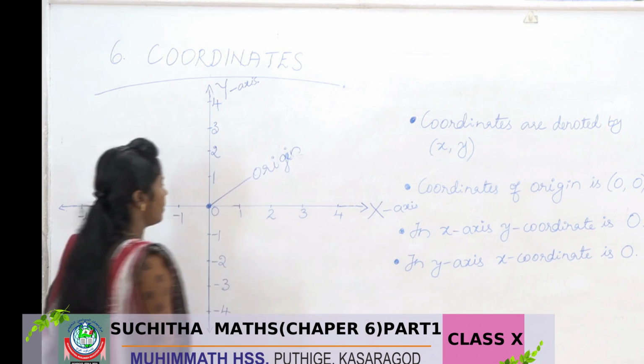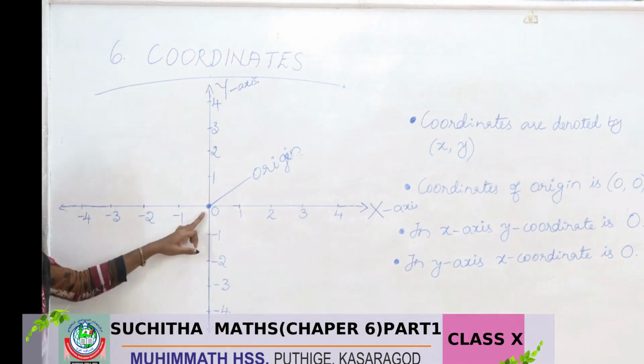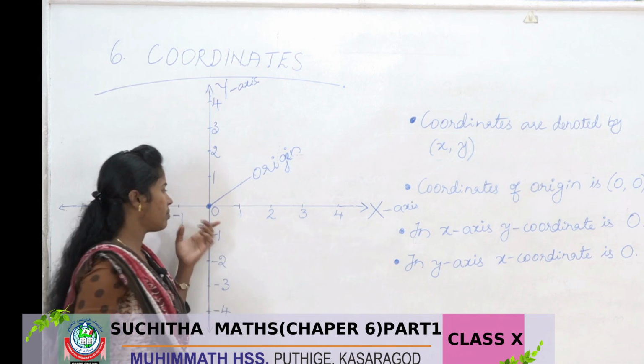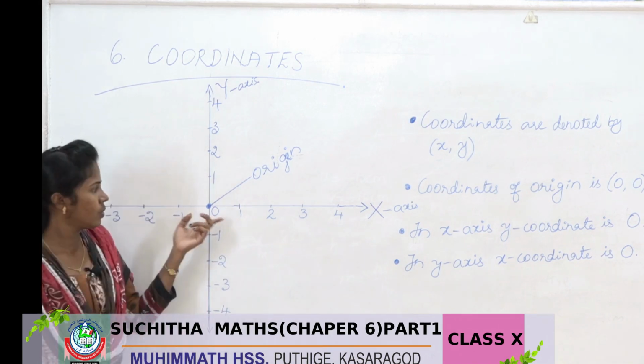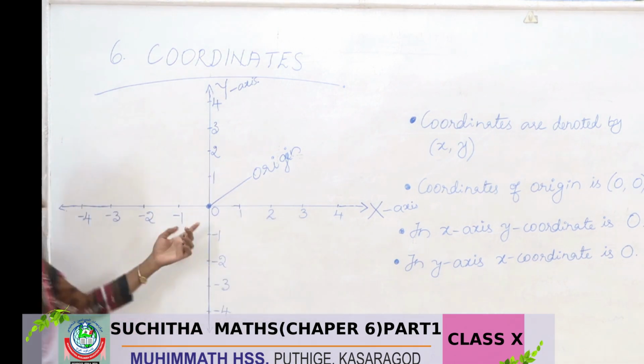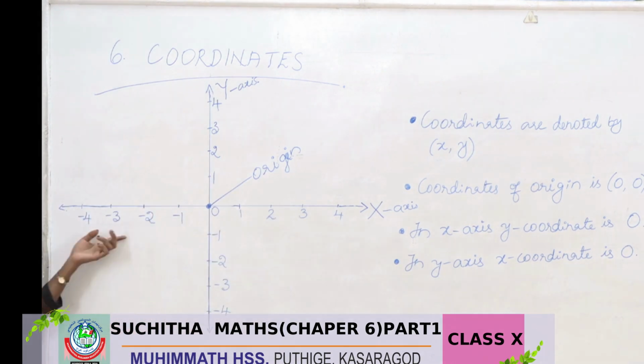It is the origin of the x and y axes, and these are positive numbers from 0: 0, 1, 2, 3, 4. These are positive numbers, and these are negative numbers: minus 1, minus 2, minus 3, minus 4.